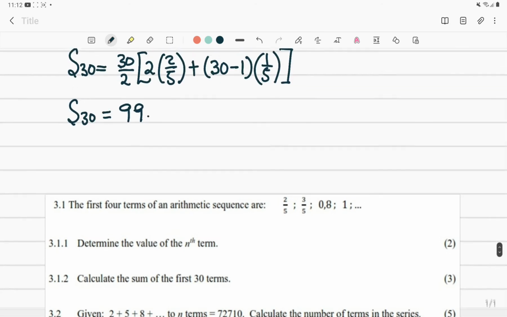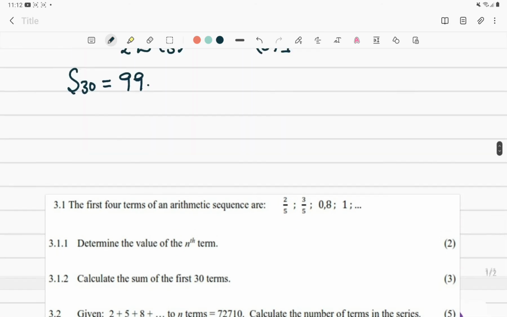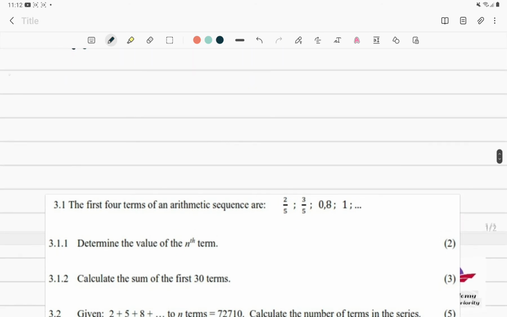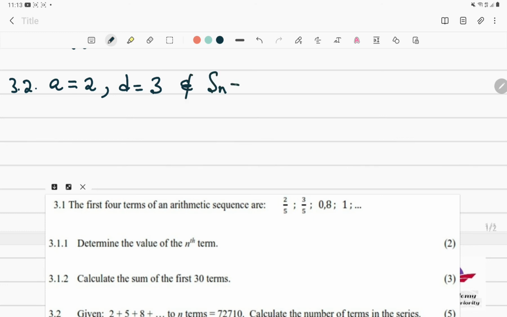We need to write what we have. Firstly, 3.2 here. We have a, which is given by 2. We have d, which is given by 3. And at last, we are also given Sn, which is 72,710.